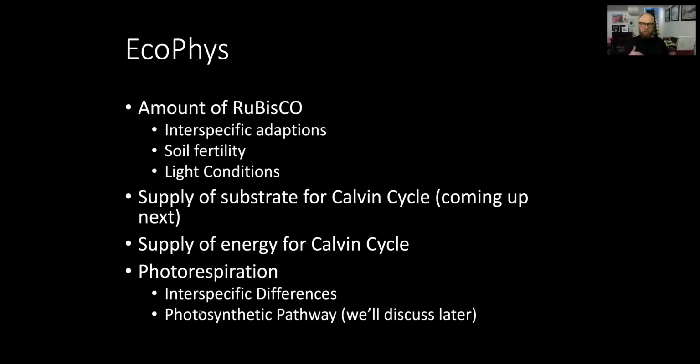And so the light environment plants are growing in impacts how much Rubisco they're going to have in their leaf. The substrate supply for the Calvin cycle, how fast CO2 is getting to Rubisco and these reactions, is going to impact how fast they're happening.